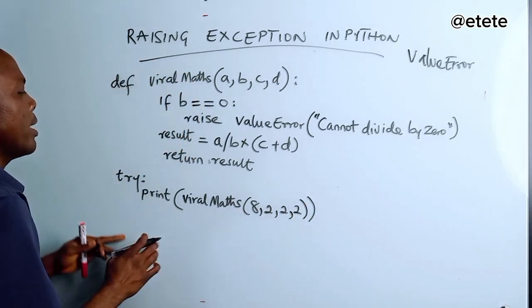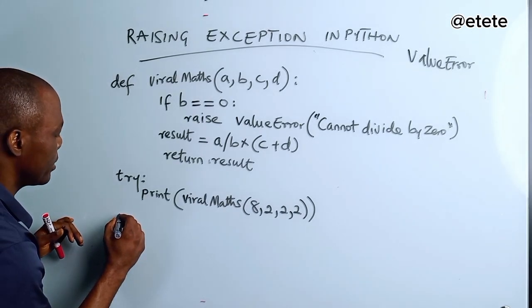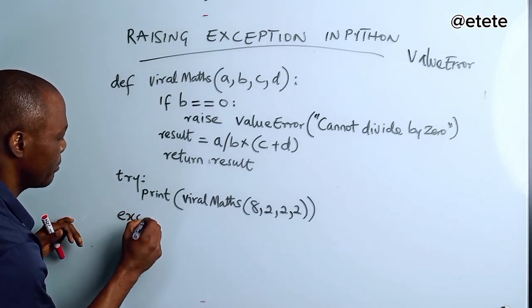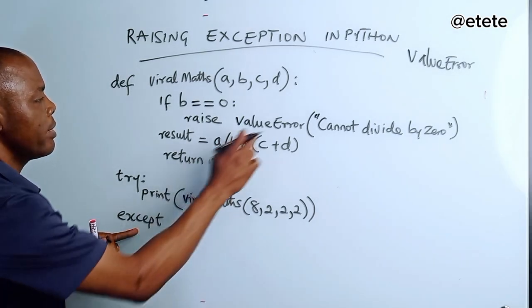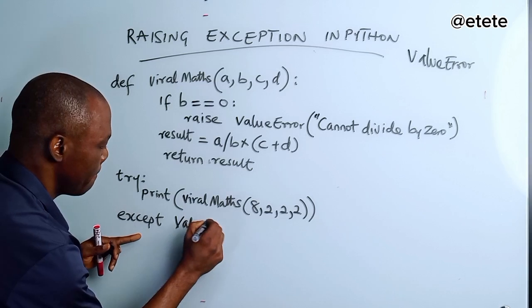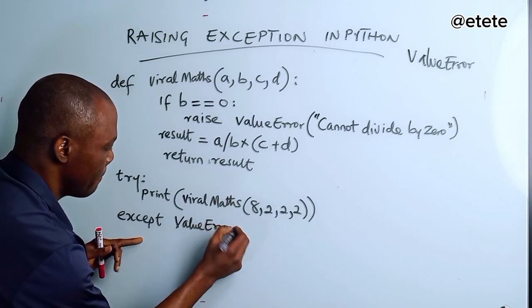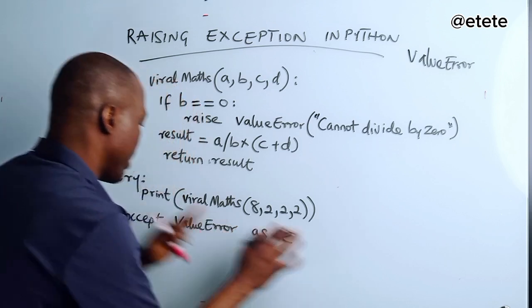to it. Then I will come here and I will say except. This is my except block, except value error as E. I will explain.